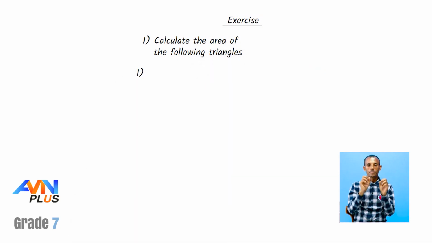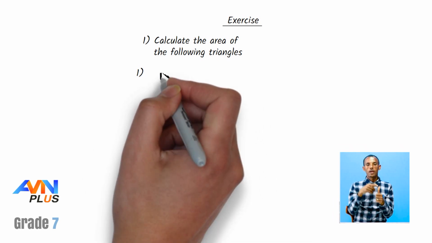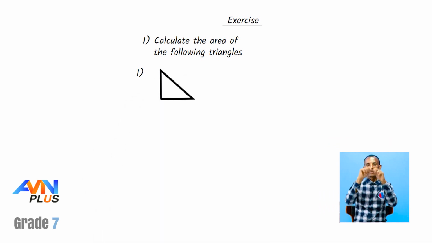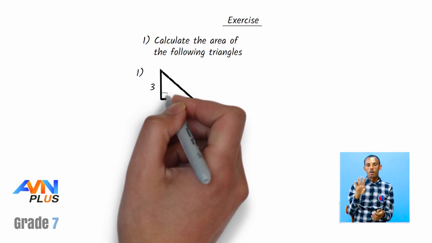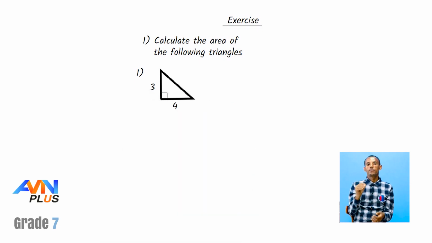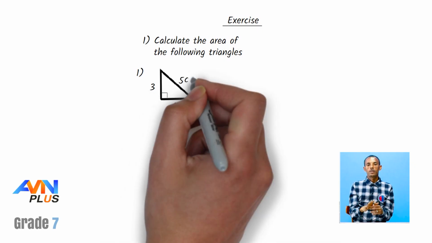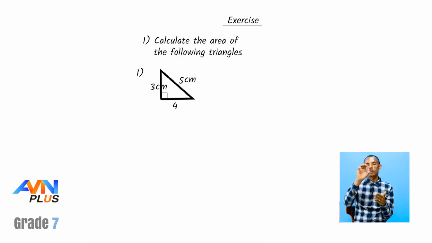Okay, the first one, this triangle is given. This one is 3 units and this one is 4 and this one is 5. Just assume it is in centimeter. B, calculate the area of this triangle.